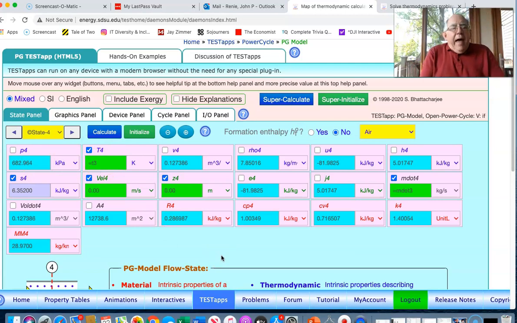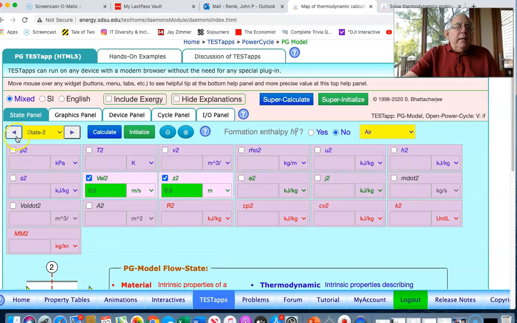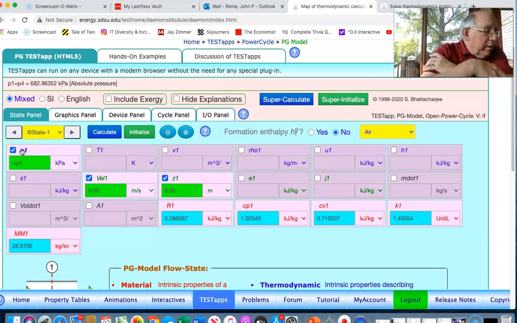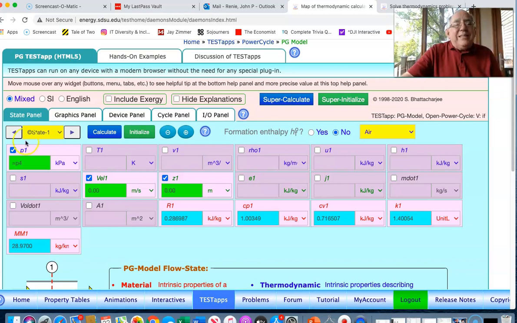And so that then allows us to go over to the turbine, because now we know for the turbine, state 1 corresponds to that same pressure. So state 1 is pressure 4. Okay, it went through that heat exchanger, but with no pressure change. What else do we know about state 1?